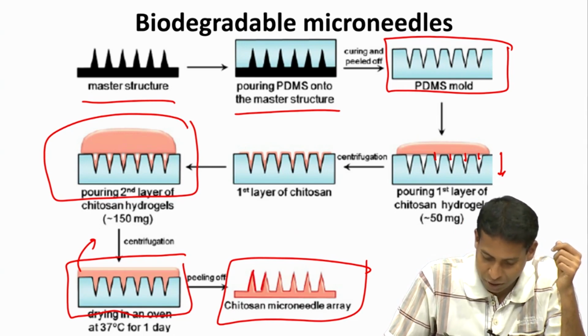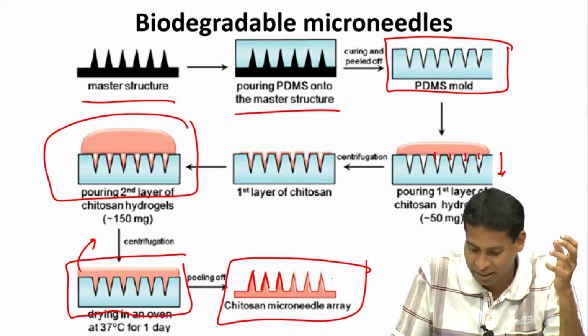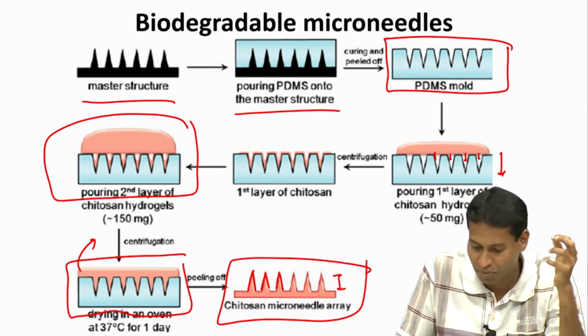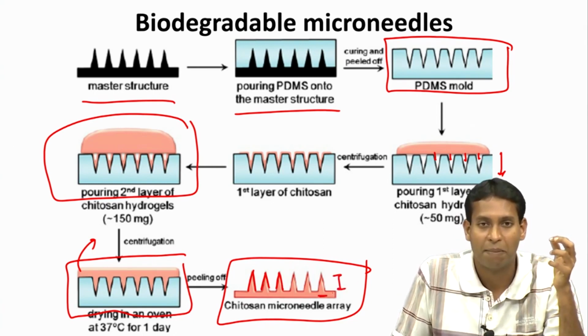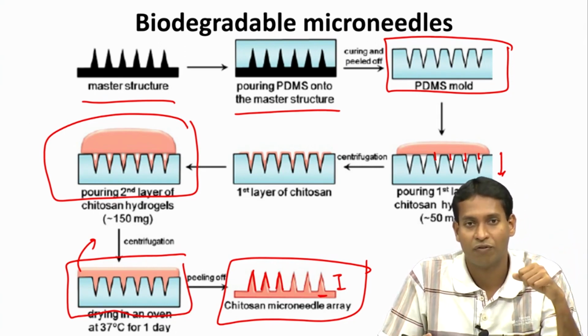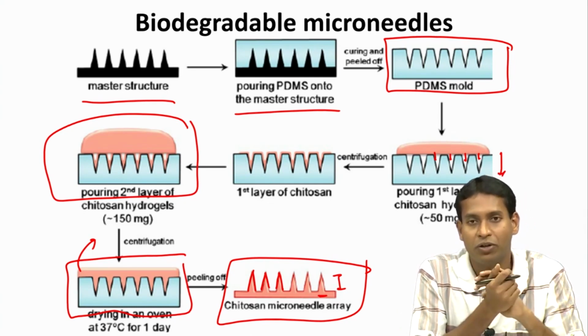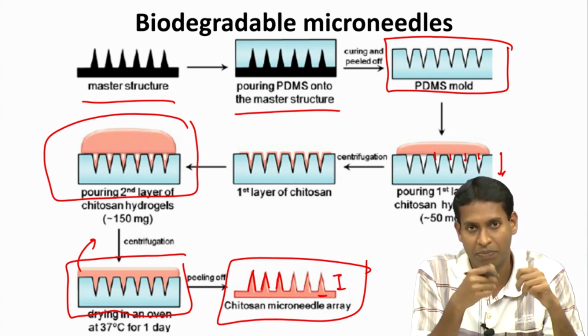Even though you may think that these are polymer and may not be structurally strong, because they are such a small structure and they have a strong base, for applications of microneedles they are actually fairly strong for them to penetrate the skin as well as not just break off.